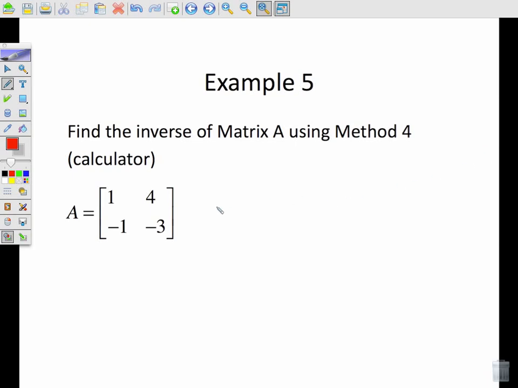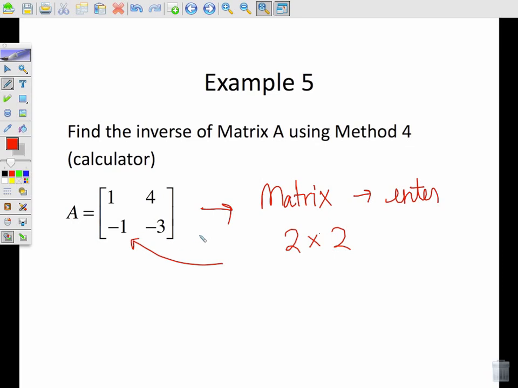And finally, we've got method 4. Method 4 is using your calculator. In order to do the calculator, you need to go into the matrix program and enter your 2x2 matrix.